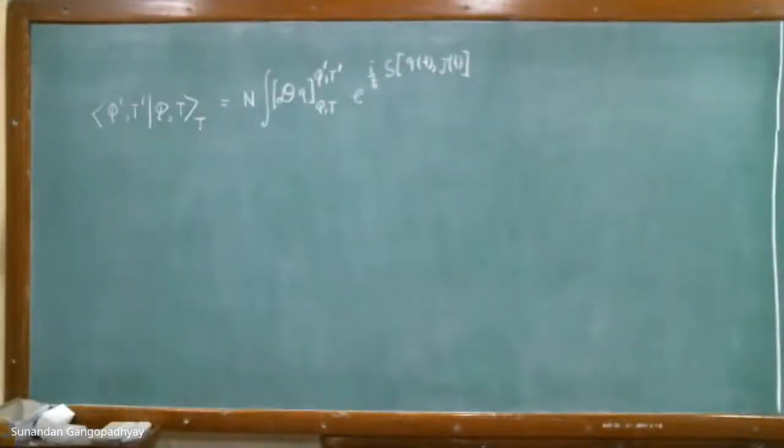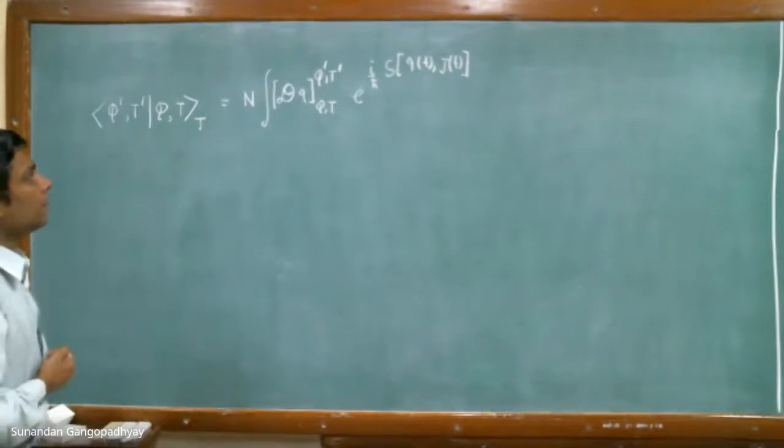So this was the amplitude in the presence of an external source J, and we have an expression of this form.